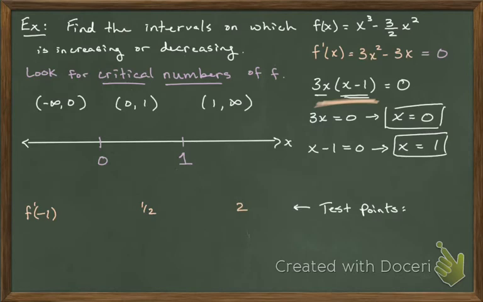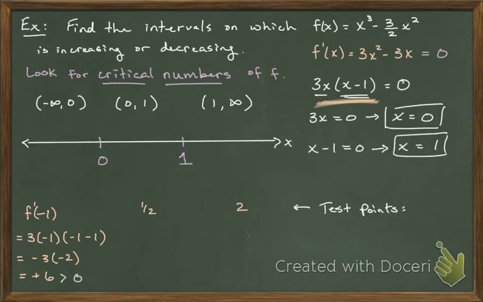So I plug each of these test points into my derivative. I take -1 and plug it in for every x in my derivative. I've got 3 times -1 times -1 minus 1. What I get from that is a -3 times a -2, or a 6, which is positive.